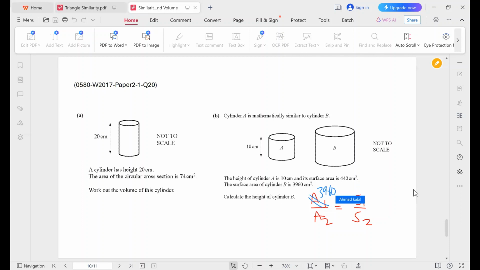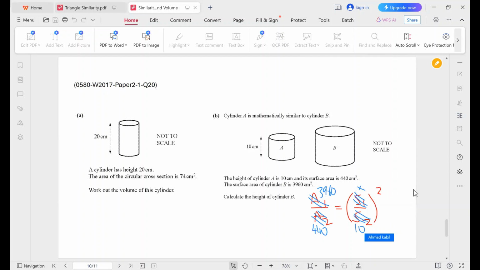And A2 would be the smaller surface area, which would be 440. Of course, I forgot to do the bracket squared here, excuse me. And then for S1, this is the larger height or the larger side, and this is the unknown. This is the height of cylinder B, so X. And the smaller height here would be 10.